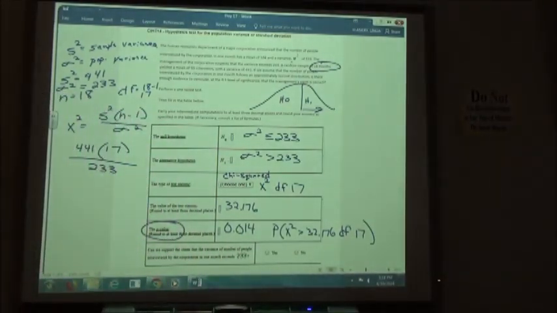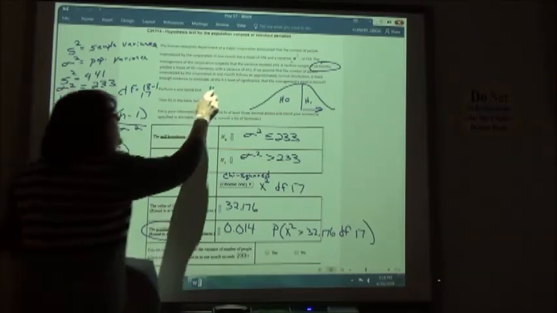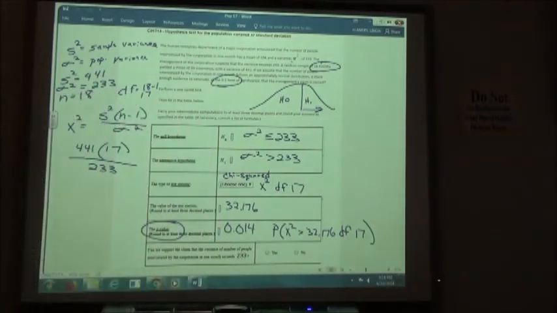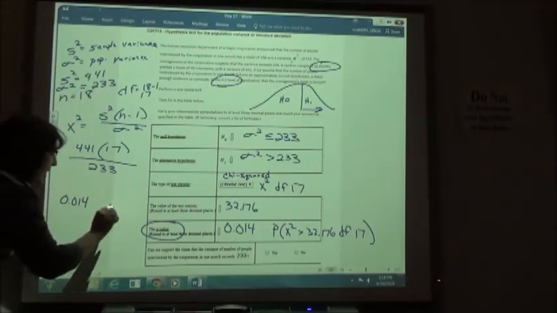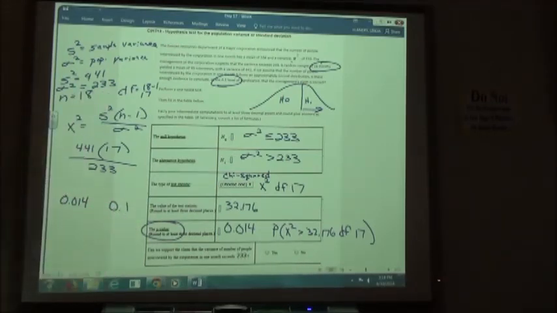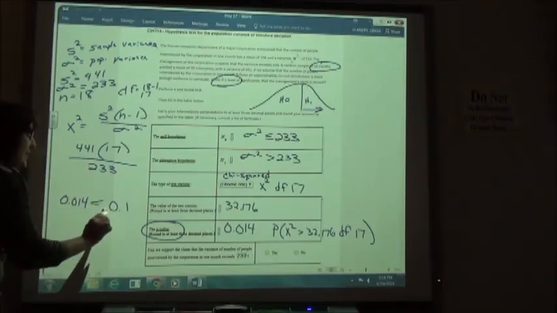We are going to compare that to the level of significance, right? Whenever we do the p-value test, we're comparing our percentages. Our percent that we came up with was 0.014. We're testing it against 0.1. Is that less than or greater than? It's less than.